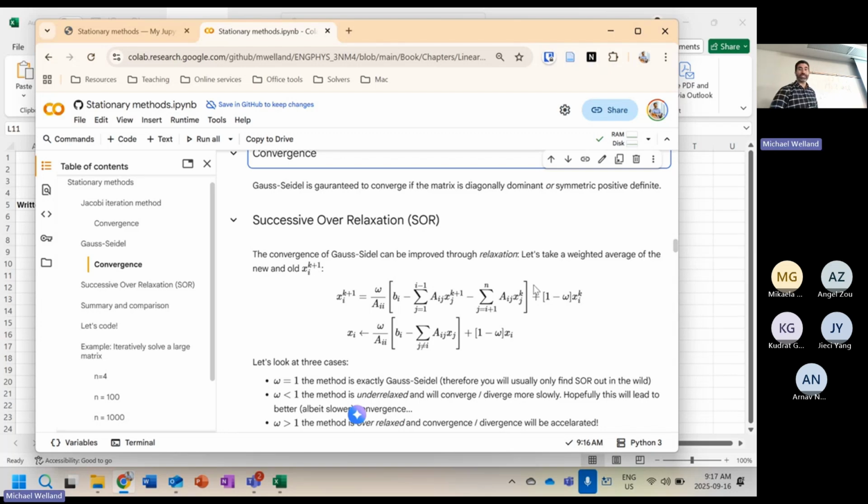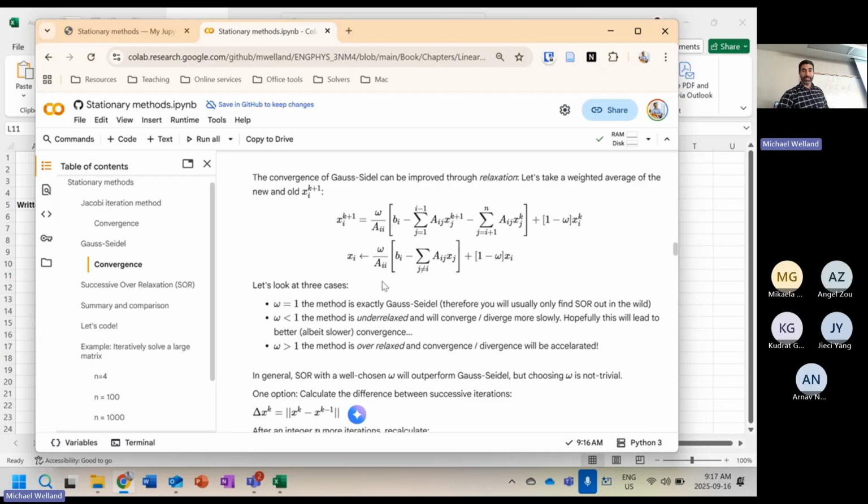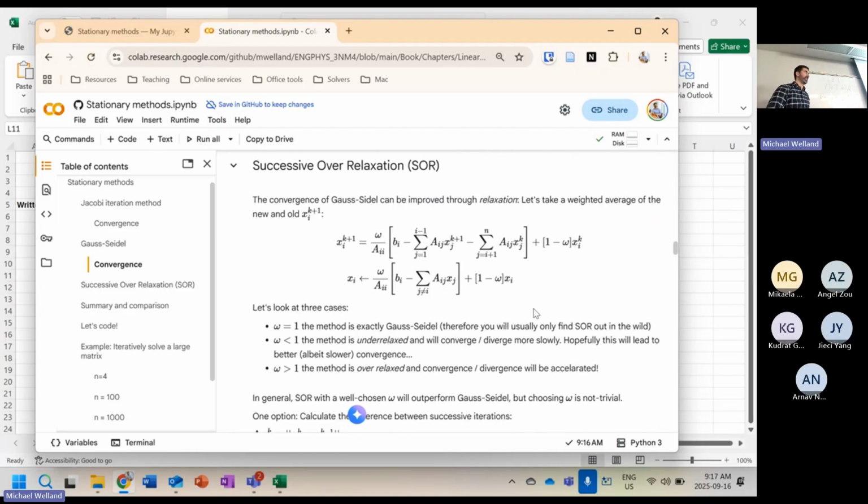It turns out that there's actually a formula for the optimal step that you can take. It's this. If omega here is 1, then you are exactly recovering Gauss-Seidel. This is called successive over relaxation, which is a fancy way to say that you are doing a larger step.